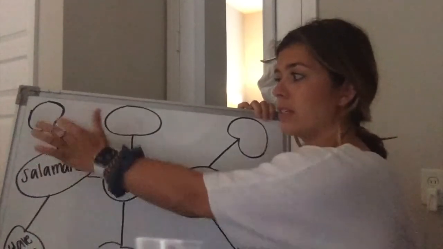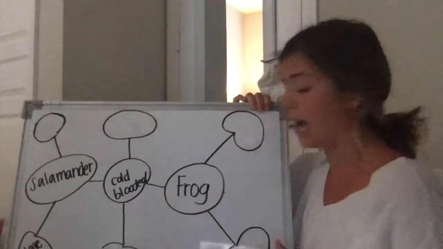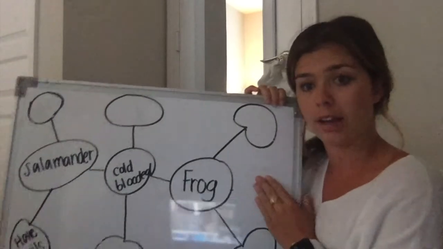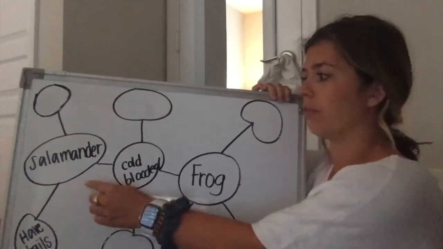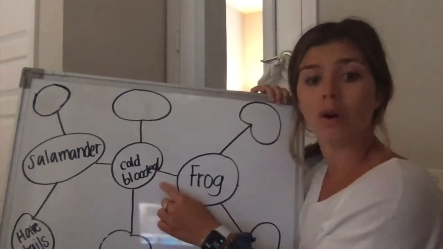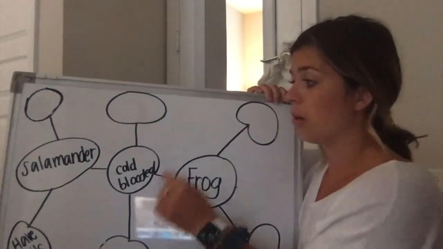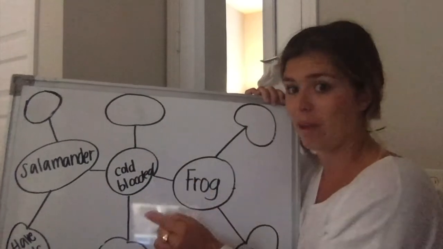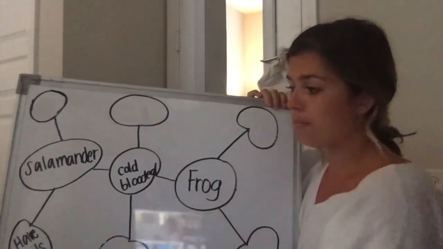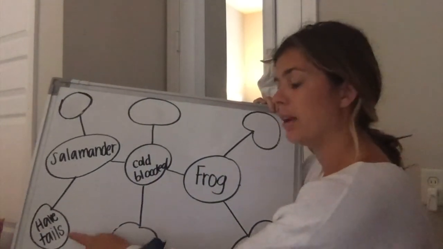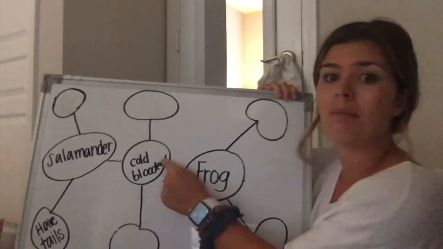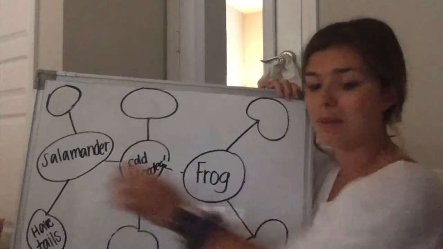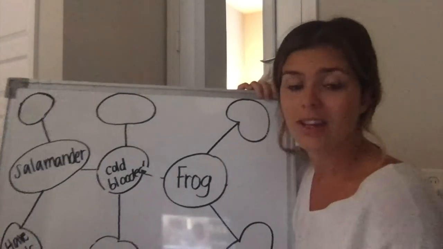And then two things over here about the salamander that's not the same as the frog, okay? So in the middle, I wrote both the salamander and the frog are cold-blooded, okay? So since they're both cold-blooded because they're amphibians, I put that in the middle. But I said salamanders have tails and frogs hop when they move. Salamanders don't hop when they move, so it's over here for the frog, okay?